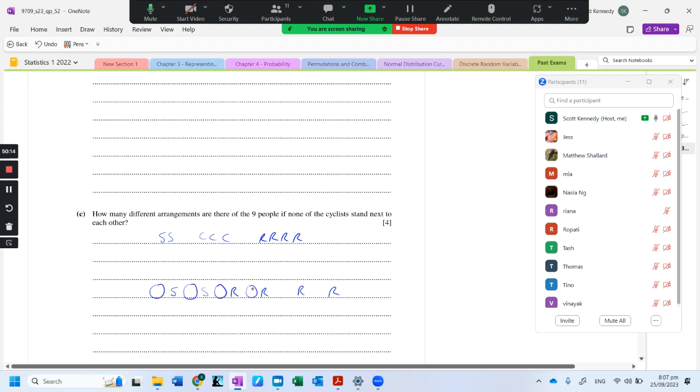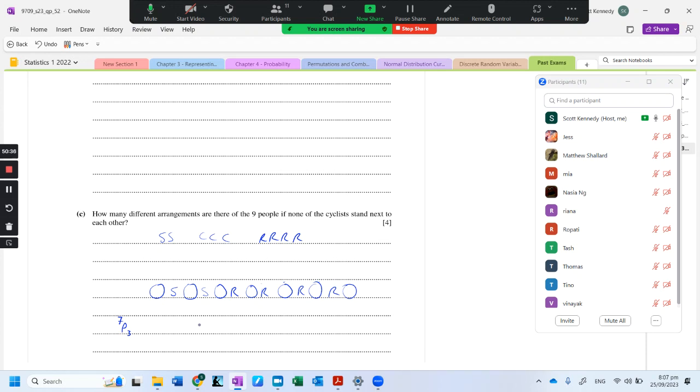So here are all of the places that we can slot in our cyclists. There's 1, 2, 3, 4, 5, 6, 7. So there's 7P3 permutations as to how we could arrange the cyclists in these spaces.